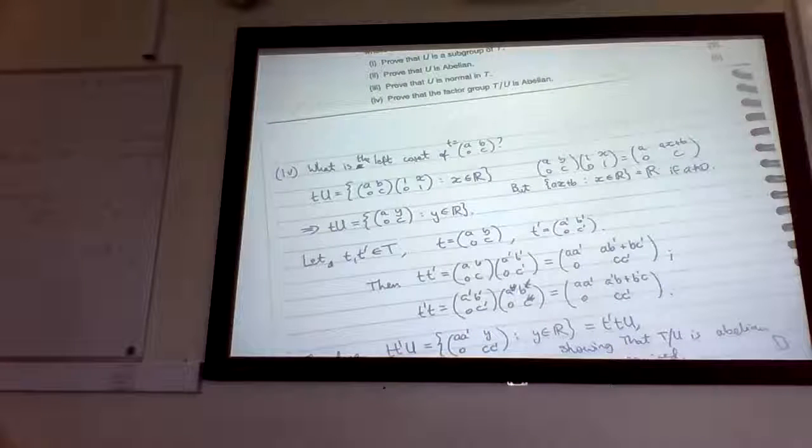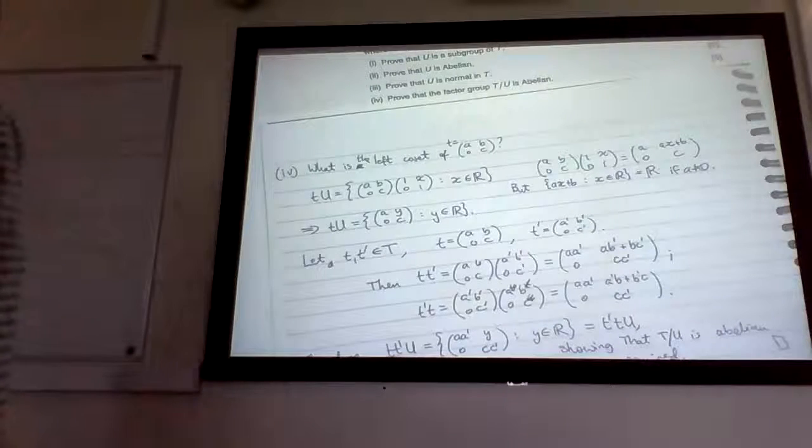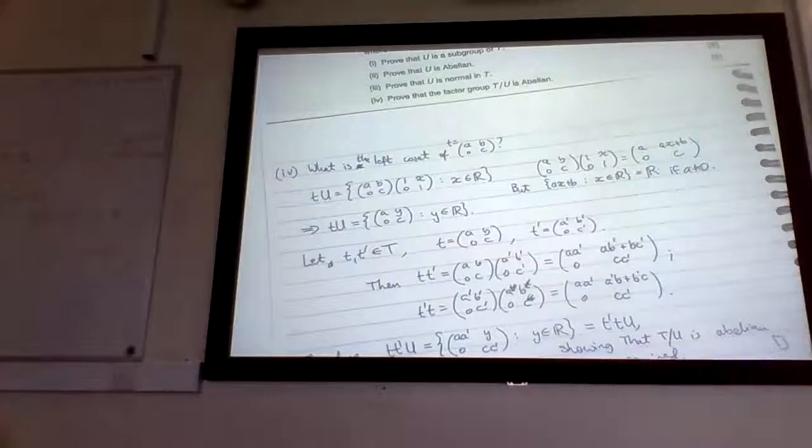Why did you write T1 and then T2? Why didn't you write T1 and then T2? Is that how you write it? No, because it's the same U here. But I want to talk about any two left cosets of U within T. So I have to think about two representatives for two different left cosets of U in T. Yeah, but that's what I'm saying.